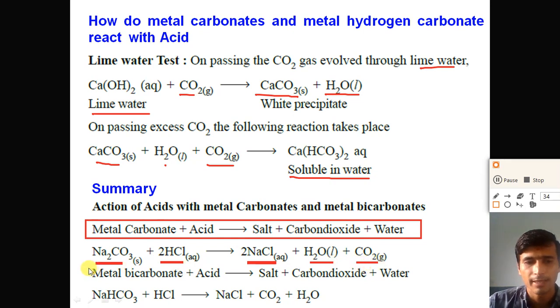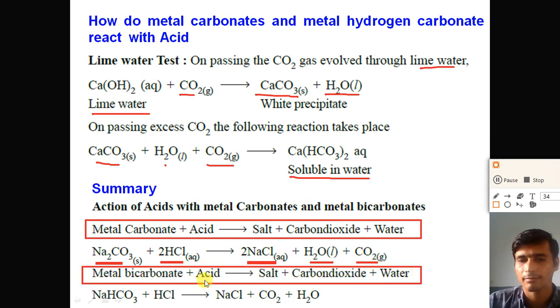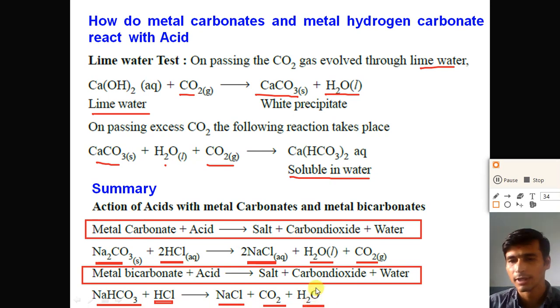Similarly, a metal hydrogen carbonate, or bicarbonate, reacts with the acid and produces a salt, carbon dioxide and water. So NaHCO3, sodium hydrogen carbonate, reacts with HCl and produces NaCl salt, carbon dioxide CO2 and water H2O. Remember this, and you need to balance each and every reaction. How to balance a chemical equation you studied in chapter number 1.